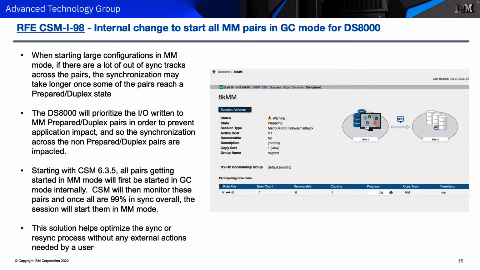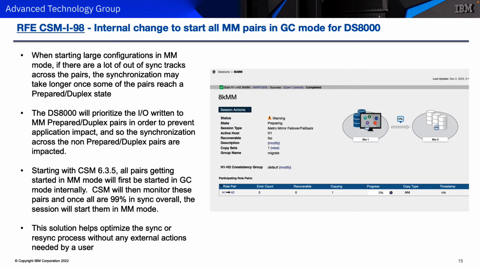Well, customers found that if they start all the pairs, say you have hundreds of pairs, maybe thousands of pairs, in Metro Mirror mode, obviously some are going to hit duplex state first, right? The DS8000 has internal algorithms to try to speed up the replication and get things synchronized quickly, but some of those will hit Metro Mirror duplex state before others.